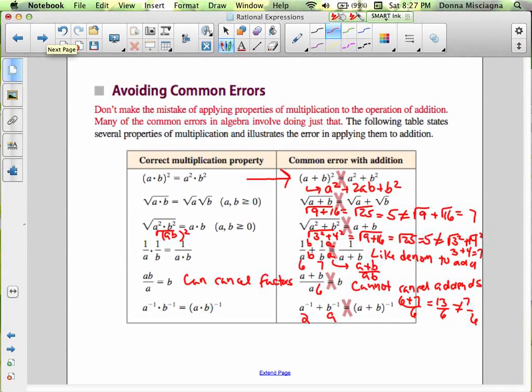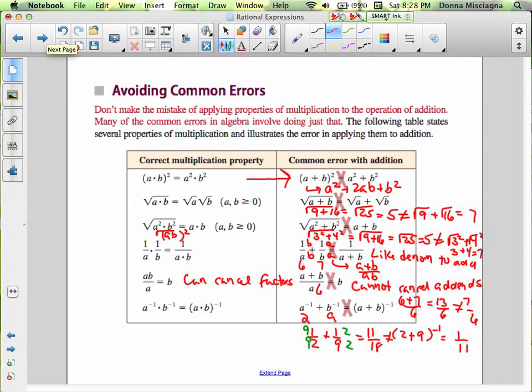This would be 1/2, because we're raised to the negative power, plus 1/9. We need a common denominator, so this one needs a 9 over 9 and this one needs a 2 over 2. Now 18 is the common denominator, so that would be 9 plus 2, which is 11/18. What it is not is (2 plus 9) to the negative 1 power, which would be 1 over 11. 11/18 does not equal 1 over 11.